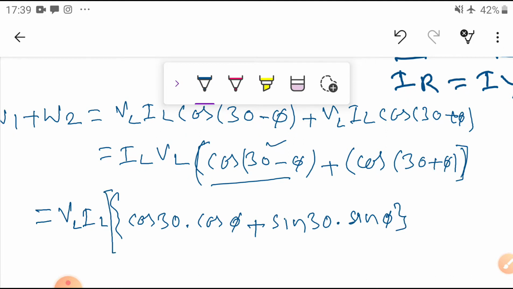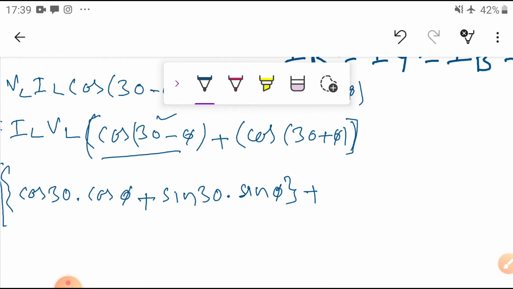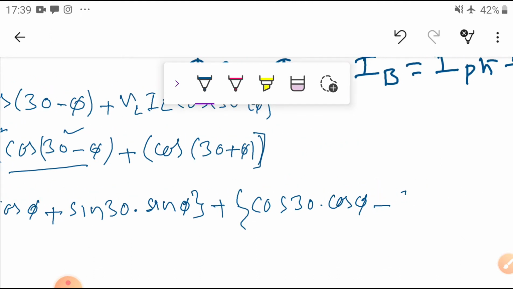Okay. Now, plus I am going to write it here. So, what is this one? Cos 30 cos 5 minus sin 30 sin 5.